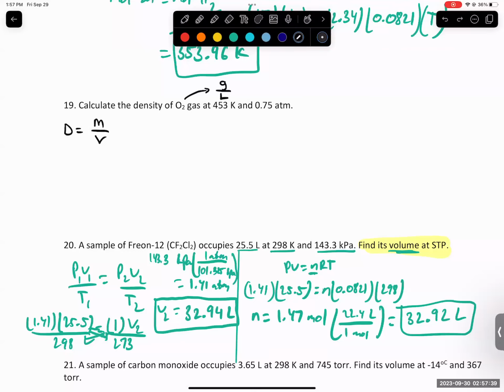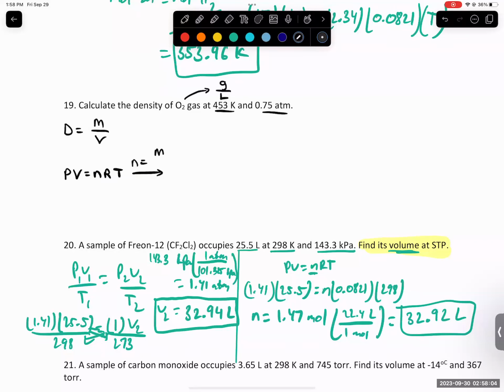So the equation we're going to use is the ideal gas equation. That one relates temperature, pressure, and volume. So PV equals nRT. But what do we know about moles? What is moles equal to? Mass over molar mass.